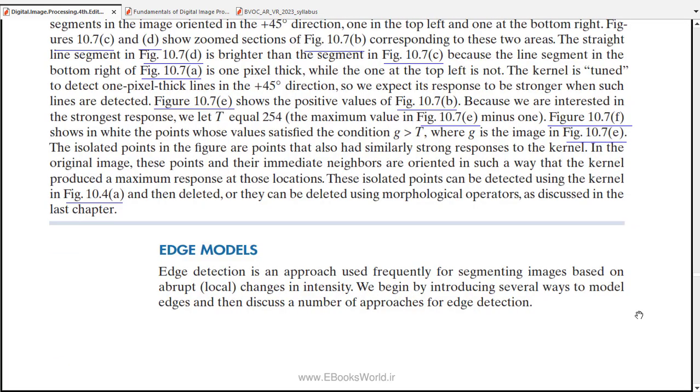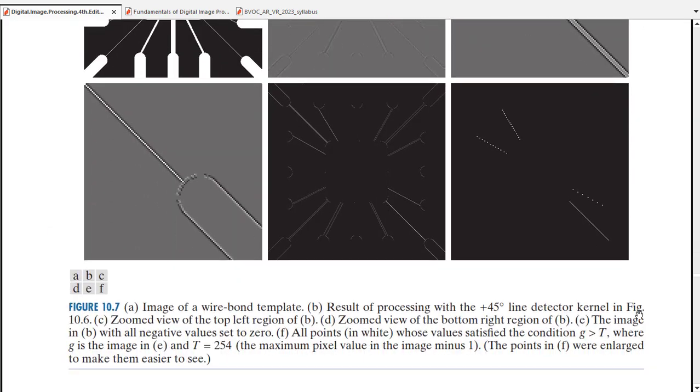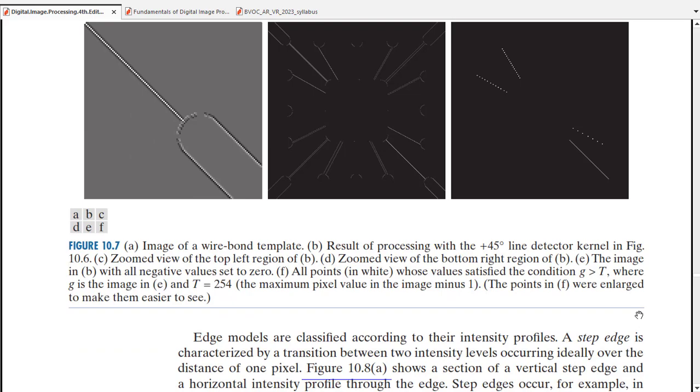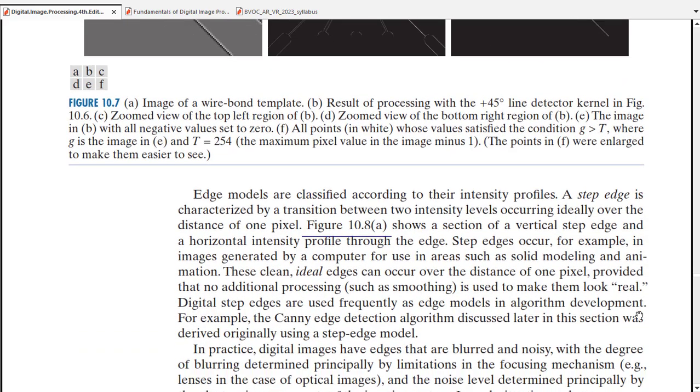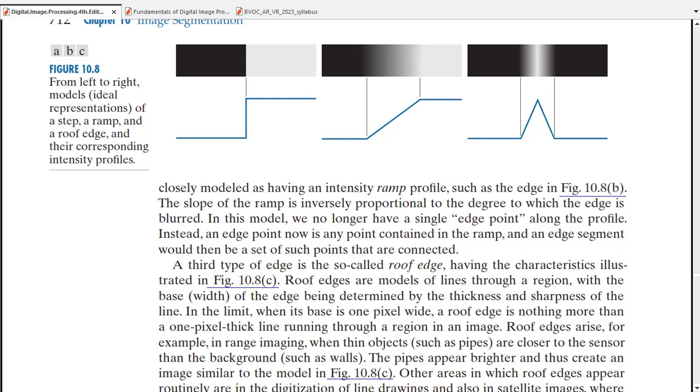Edge model: the image has a major role for images based on abrupt local changes in intensity. So here are the image boundary templates. From left to right, the models are the ideal representation of the step.